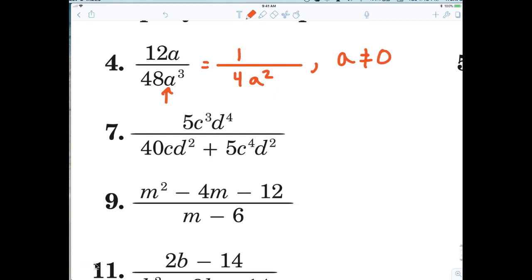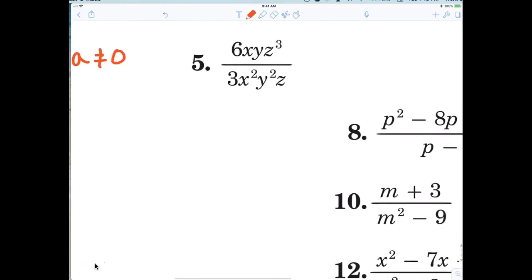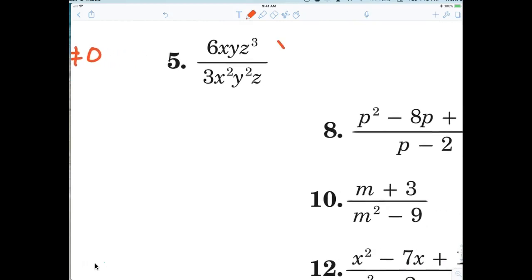So let's look at number 5. I should have done the excluded values first. In this case, x cannot equal what? 0. y cannot equal what? And z cannot equal what? 0. Does everybody agree with that? Because if I let x be 0, then the whole thing will be what? Does everybody see what I'm saying? So those are the excluded values.